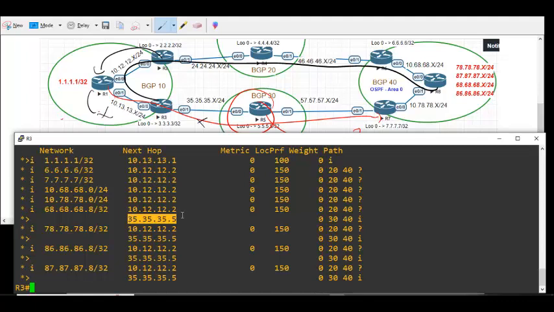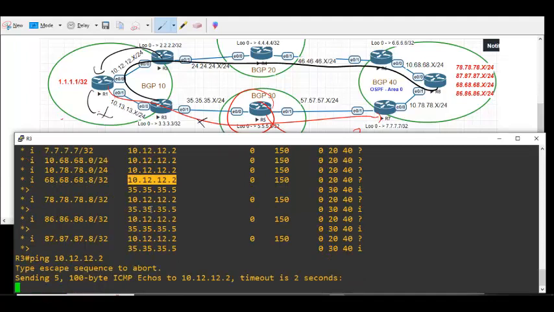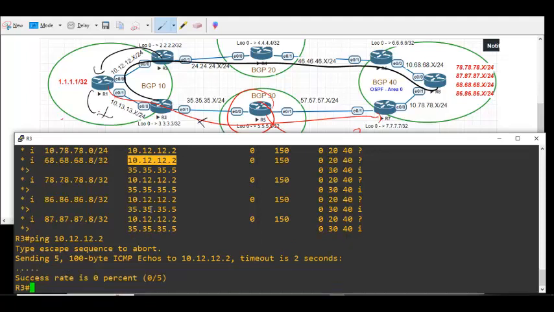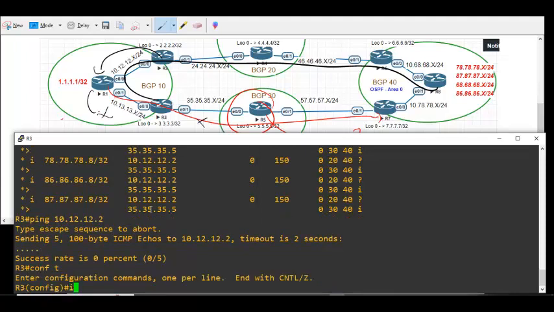Interface Ethernet 0/0, ip ospf 1 area 0. And I'll also run it on R2 and R1.